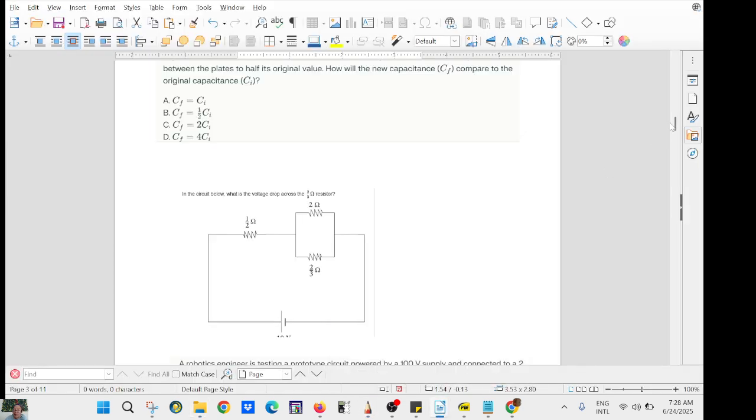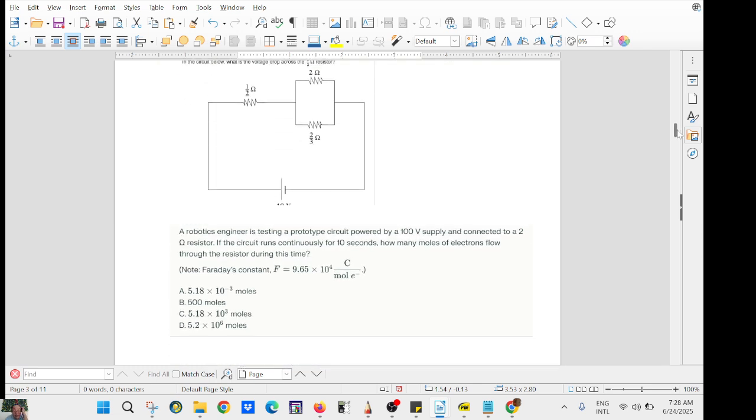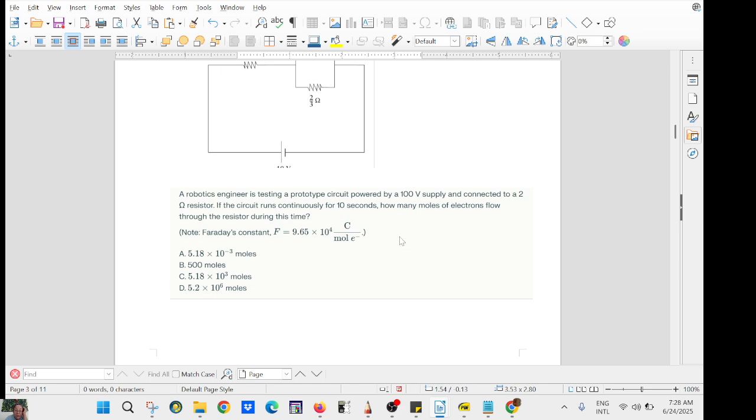Okay, and then the next one, it's a weird question. You have 100 volts connected to a 2 ohm resistance. So the definition of current is the amount of charge per second.